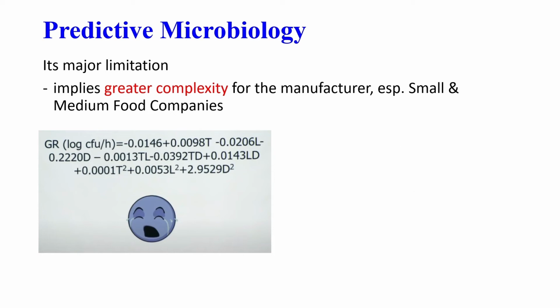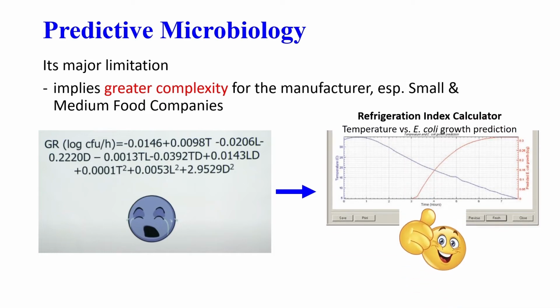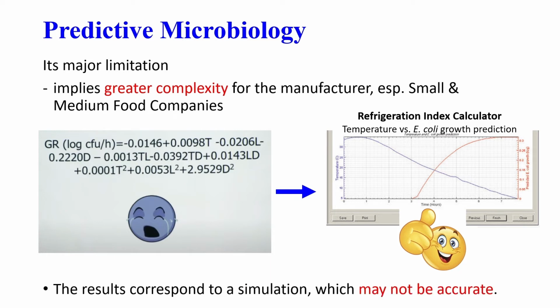It's an equation. But normally, we make it into a graph, easier to understand for the food manufacturers. But the result corresponds to a simulation, which may not be accurate because it's just a prediction that considers the major factors.